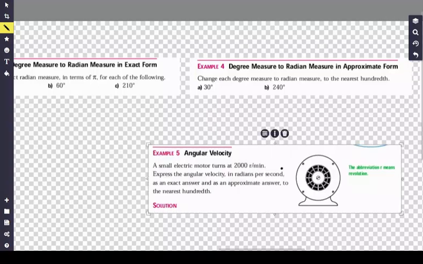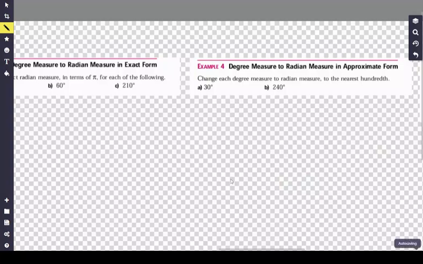And on the right, we have 240. So 240, we first change this, right? So 240 divided by 180. That's going to give us 1.3333, otherwise known as 4 divided by 3. So this is going to be 4 pi over 3.